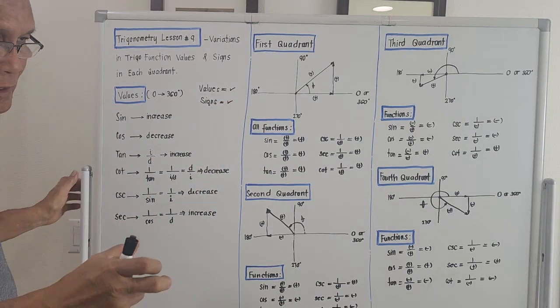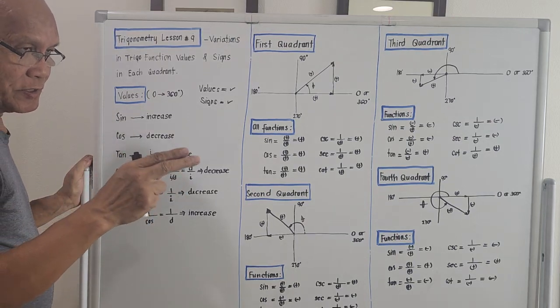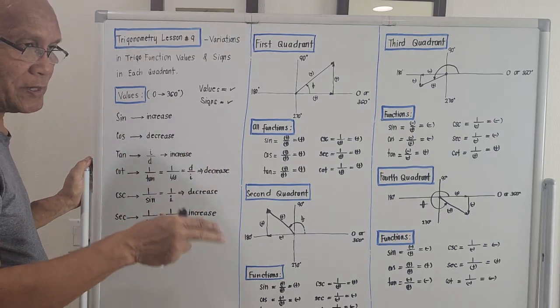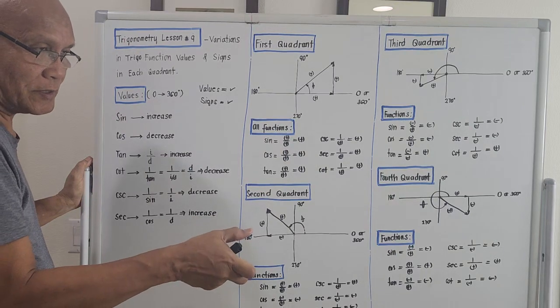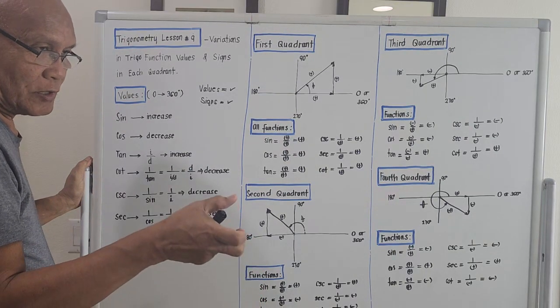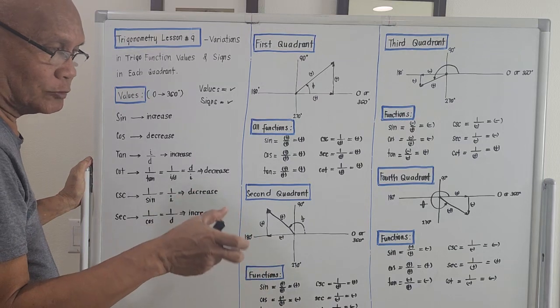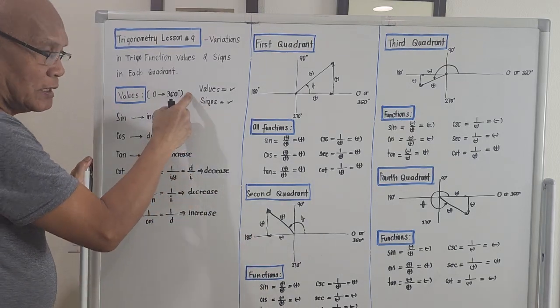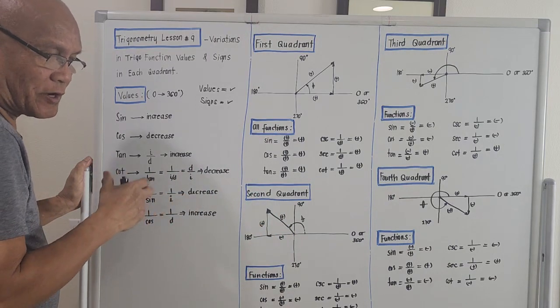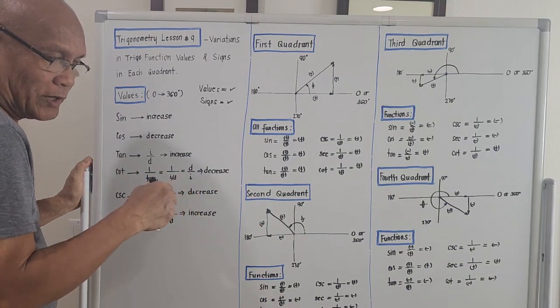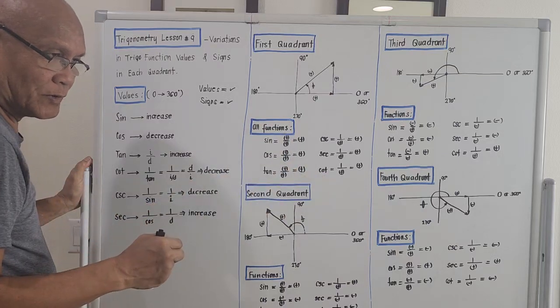We are actually given 6 trigonometric functions, right? Sine, cosine, tangent, secant, cosecant, and cotangent. Our topic for tonight is how to determine the values. How does the value of each trigonometric function behave? Will it increase or decrease?